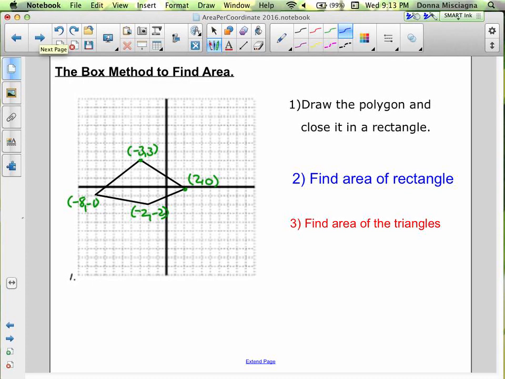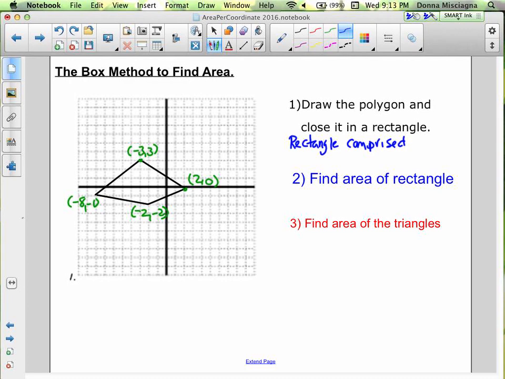When we're boxing it in, very important to note that your rectangle is going to be comprised of vertical and horizontal lines only. That's what makes this easy to calculate.